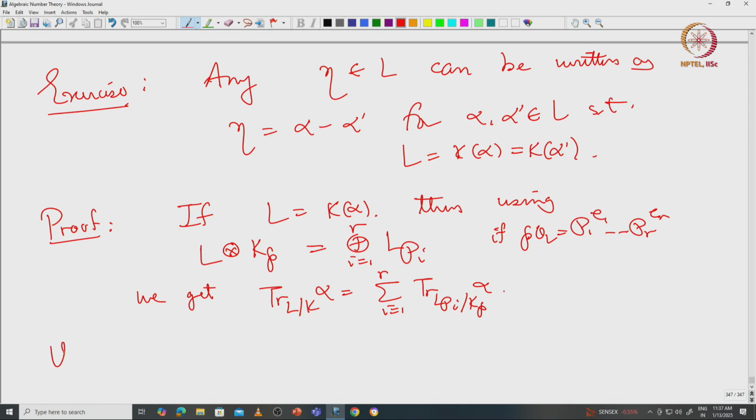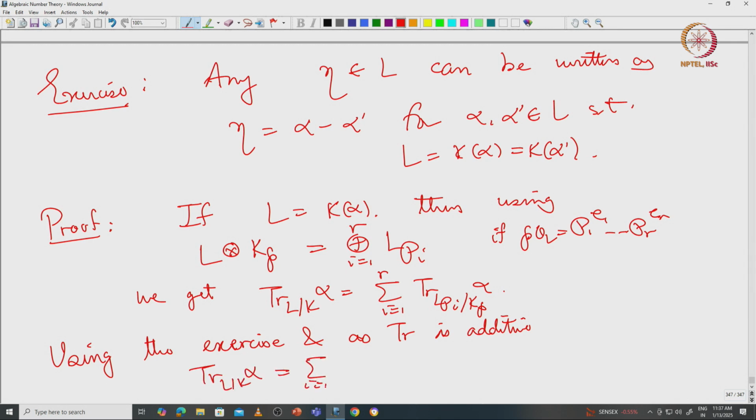And then using the exercise, and as trace is additive, this holds for all alpha in L. It does not matter whether alpha generates L over K or not.